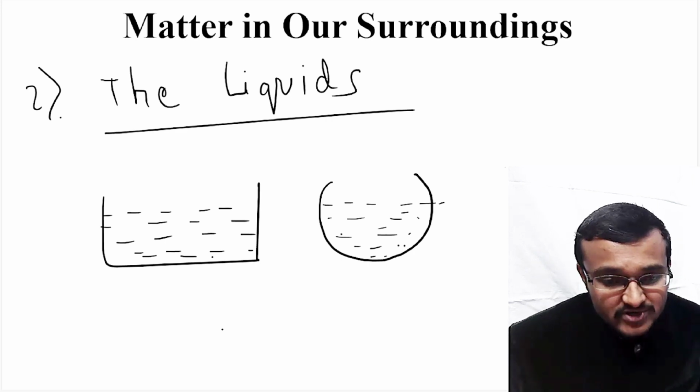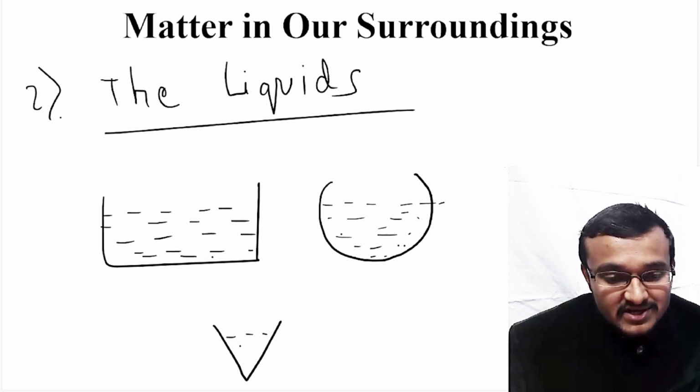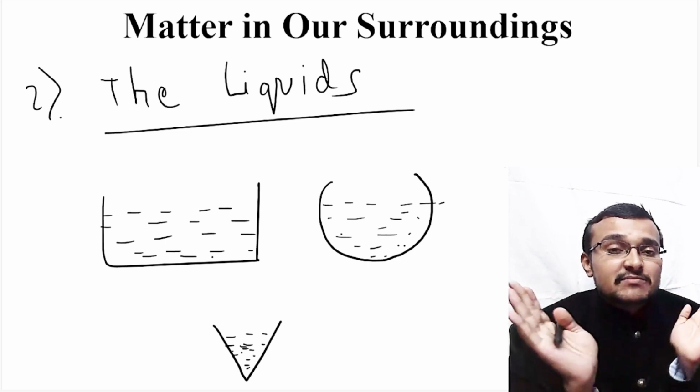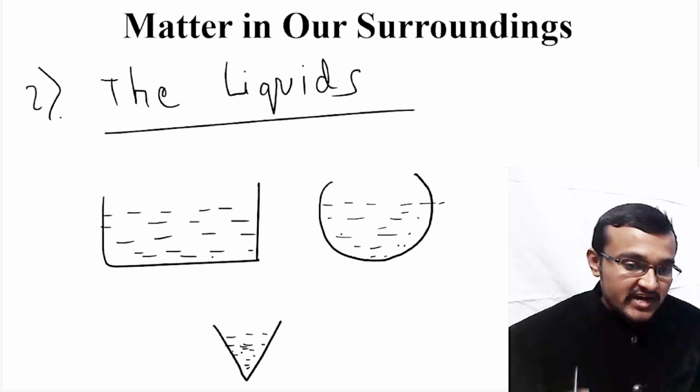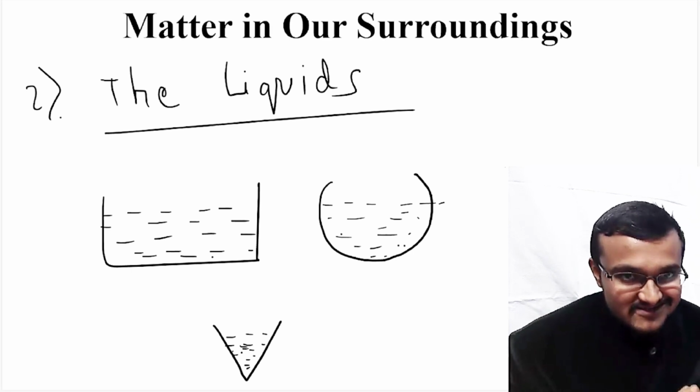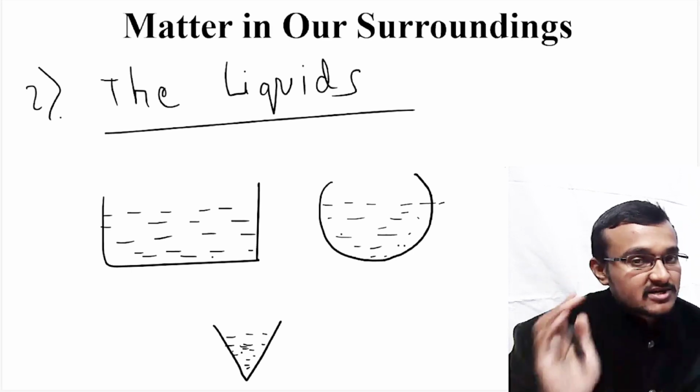If you fill water in a pyramidal shaped container, there also you can see that the water has the shape of that container. Wherever you put water, whatever the shape of the container is, the water will take that shape.